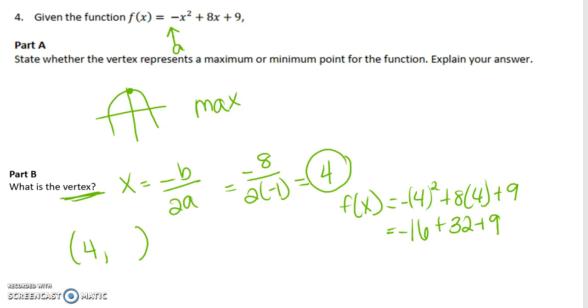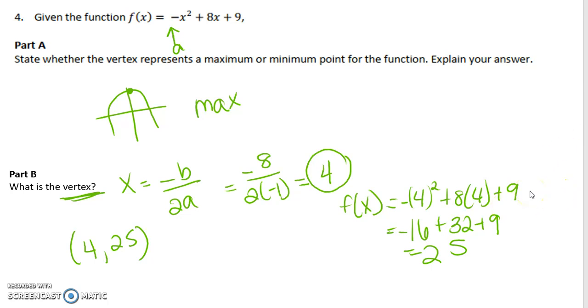Negative 16 plus 32 plus 9 equals 25. So my vertex is at positive 4, 25.